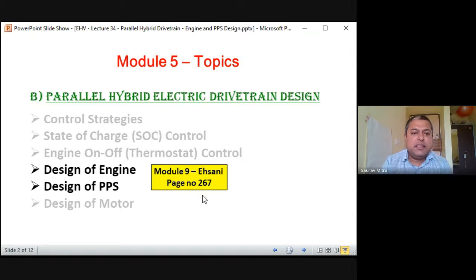So it is not in our syllabus, but that is one of the very important parameters for parallel hybrid electric drivetrain designing. Anyways, we will be doing three design concepts only, but today we will do two design concepts, that is design of engine, how to design for power, torque and other things for engine design, and second is design of PPS. So design of PPS actually is the third topic, but we will do it today.